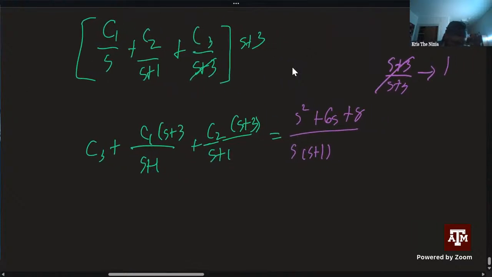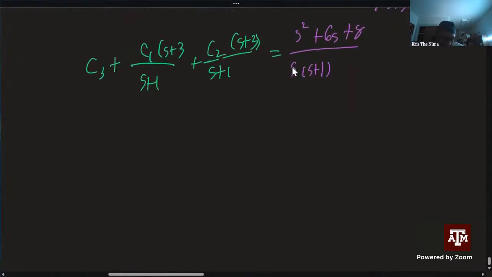So now scrolling up just a little bit more. Now we're going to solve with S equals minus 3.